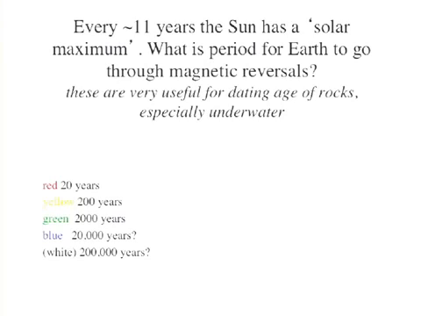Now, this turns out to be incredibly useful. Suppose there are certain types of rock that have magnetic crystals in them, and the magnetic crystals line up with the magnetic field. And this is really beautiful.